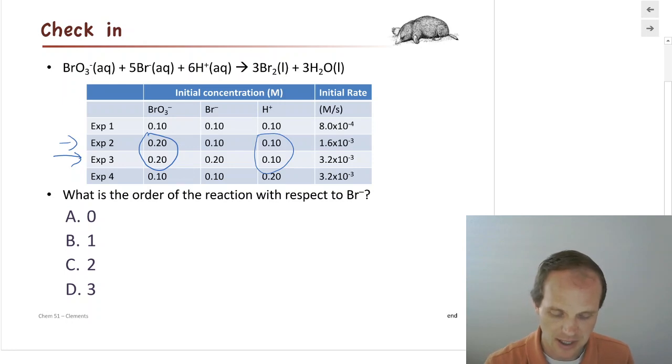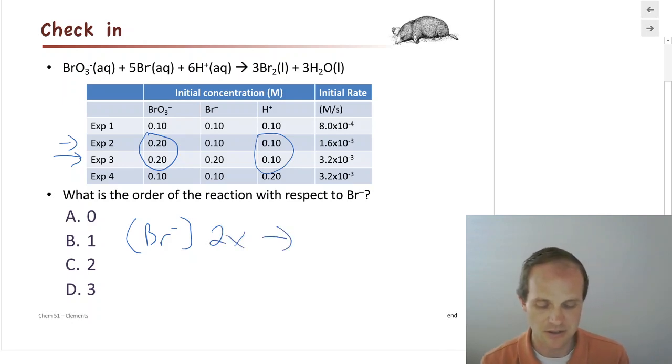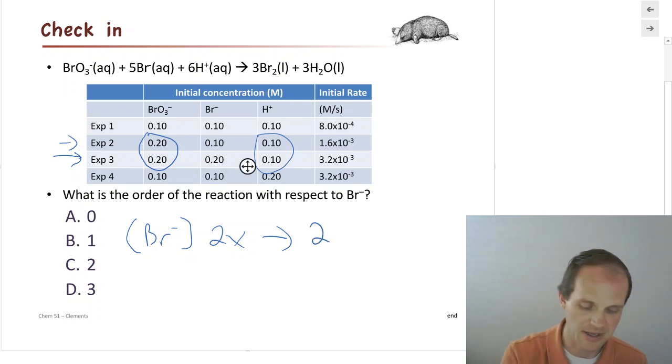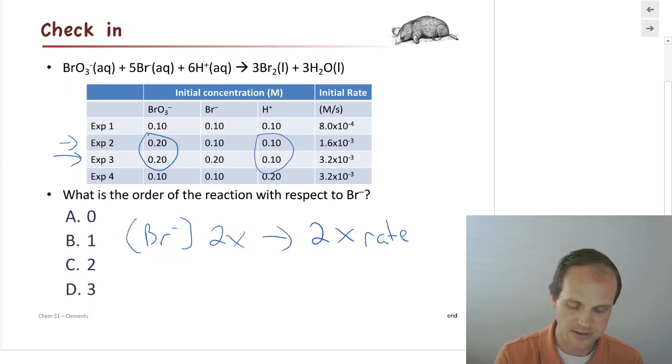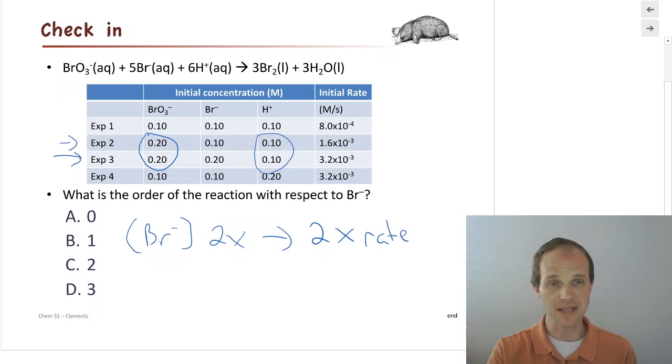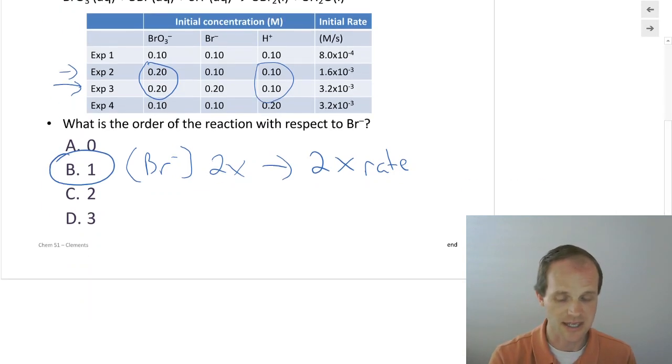So what did I do? I doubled my concentration of Br minus, and what happened to my rate? 1.6 times 10 to the minus third, 3.2 times 10 to the minus third. If you type that in your calculator, the rate went up by 2x. And so we can say when the same thing happens to our rate as happens to our concentration, we always say that is first order. And you know, on a test, you justify that.